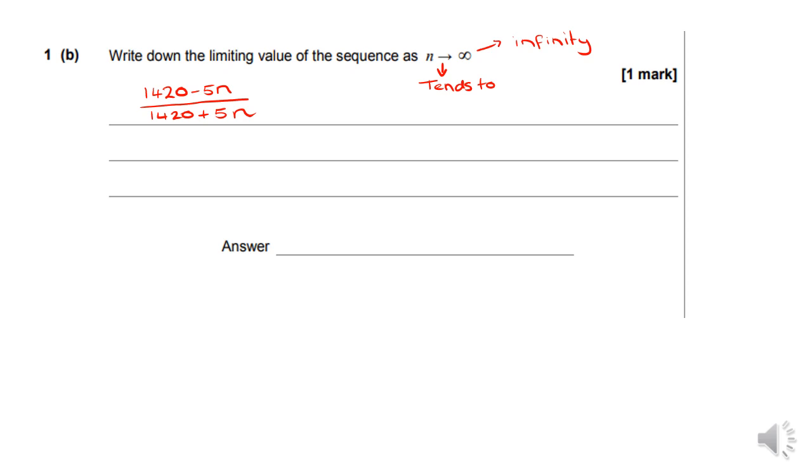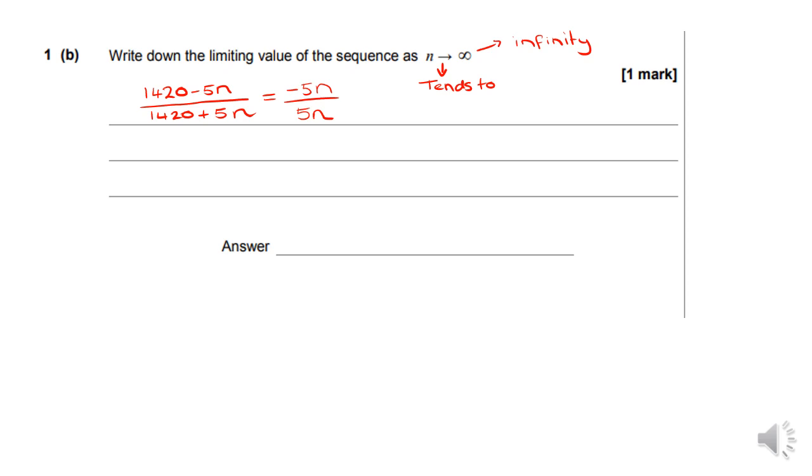a situation where the 1420 is kind of irrelevant, because the top will end up becoming minus 5 lots of a really, really big number, and the bottom will end up becoming 5 lots of a really, really big number. The 1420 is irrelevant, that's the starting point.